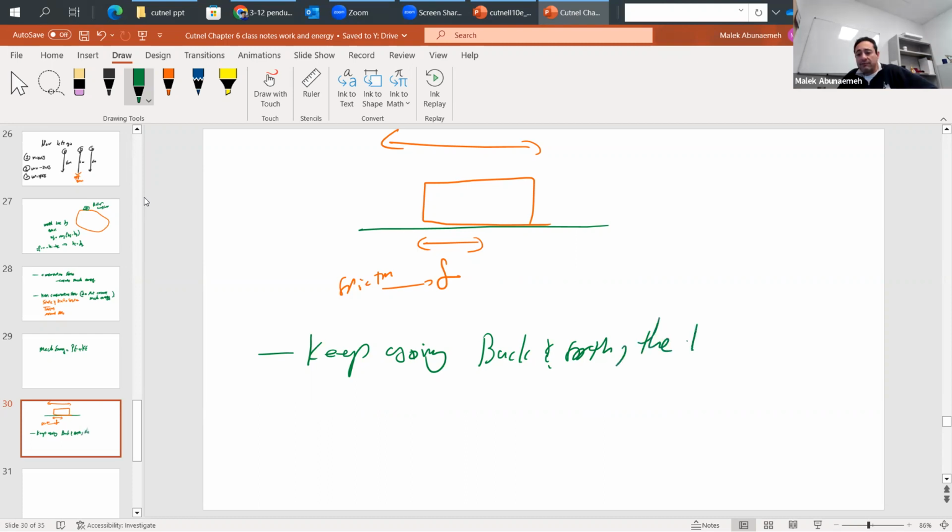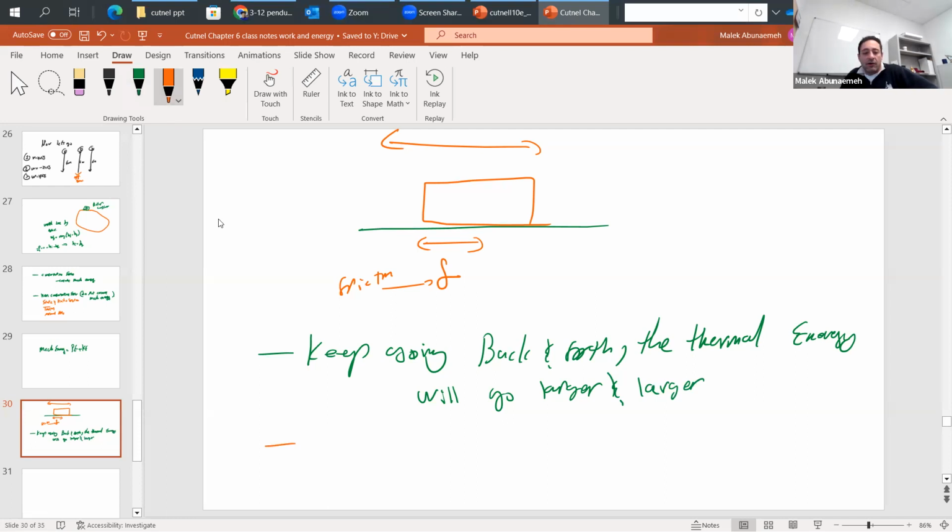That means the thermal energy will go larger and larger. So the work done by friction depends on the path taken.